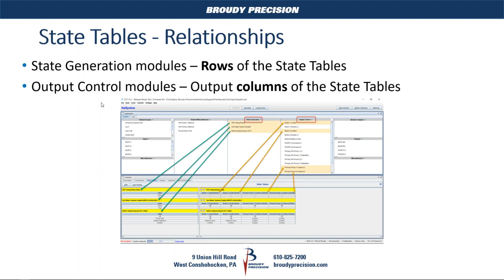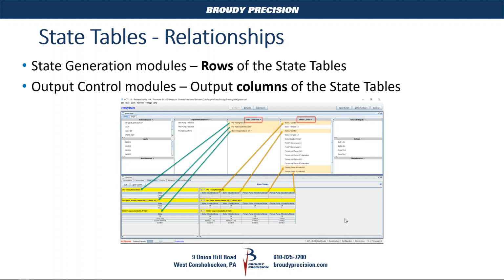And if we look at the relationships of the state tables, and the screenshot here, the bottom half, we're selecting the state table tab. So it's listing these state tables. And at the top part in the application area, the center portion is the state generation modules. And then to the right of that is the output control modules.